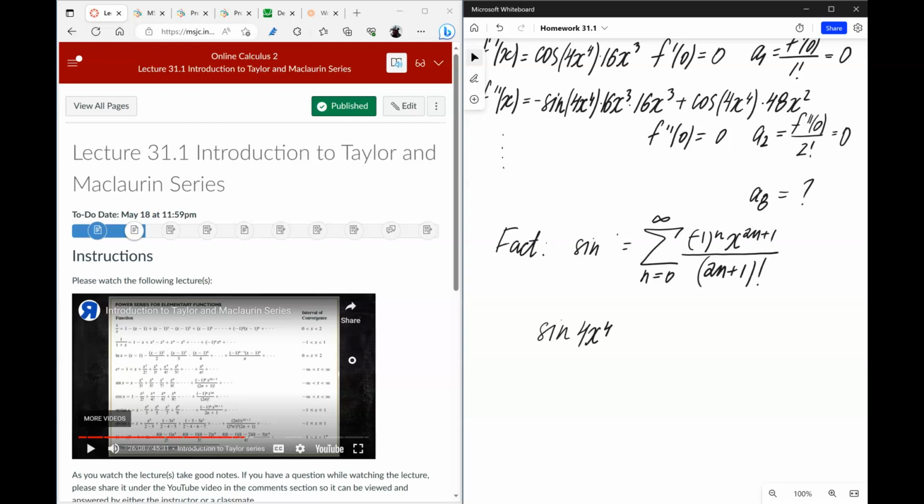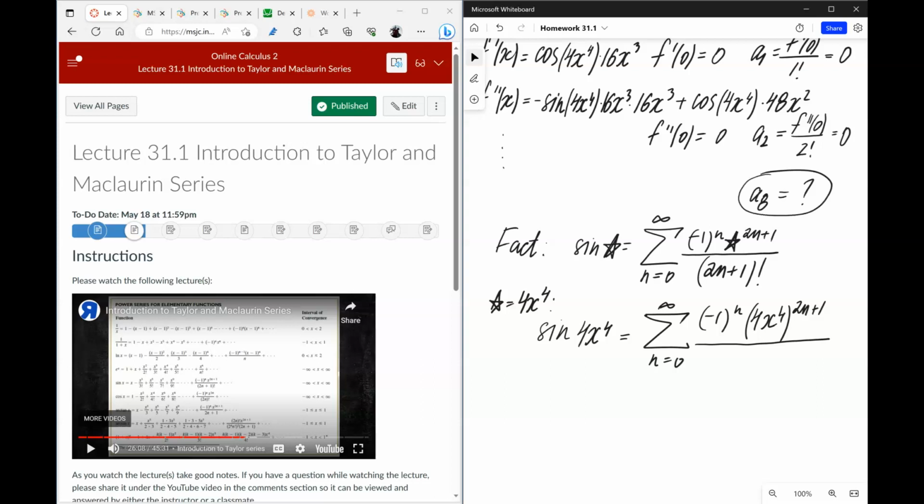The truth is that this holds for any input. So if you take your input to be 4x to the power 4, then sine of 4x to the power 4 will be equal to this. Maybe I was wrong about all of them up to A8, but let's see.